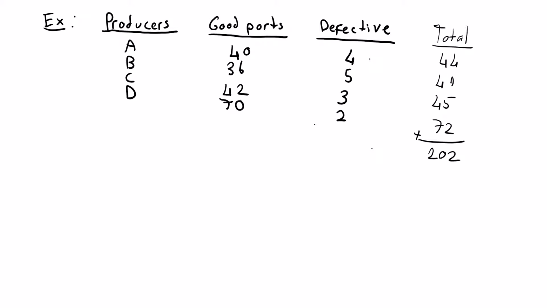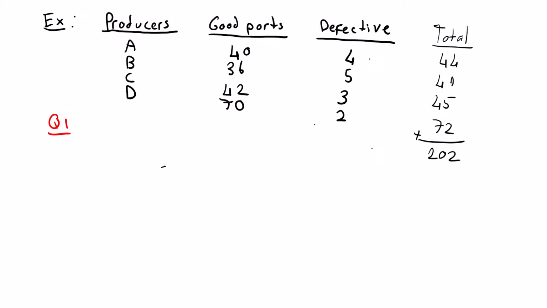Okay. So the question that we want to ask, let me use a different color. Question number 1. Okay, so let's assume that we gather all these 202 parts in a container.